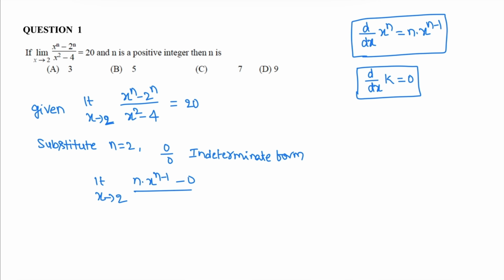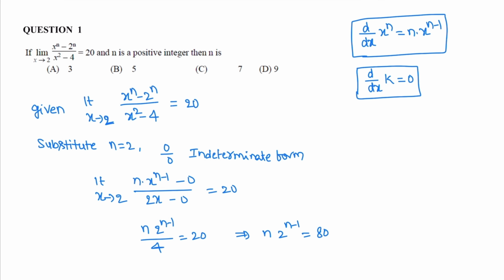Differentiation of x square is 2x. That is equal to 20. Now substitute the limit value x is equal to 2. n into 2^(n-1) by 4 is equal to 20. That is n into 2^(n-1) is 80.